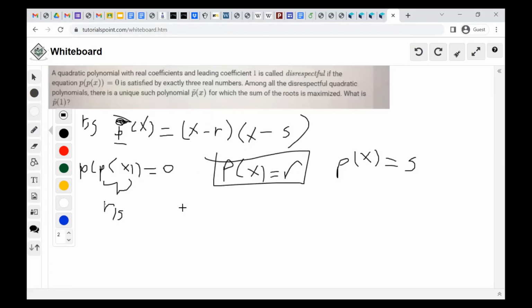So when we expand this, we get what? x squared minus (r plus s) x plus rs, right? This equals r when we expand P of x.